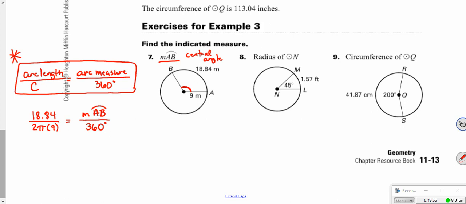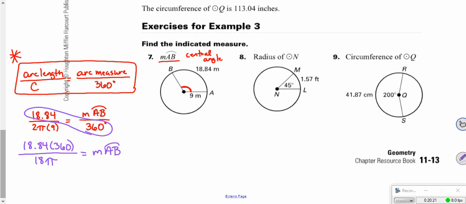Remember, we are going to start by multiplying and then dividing by the rest. So 18.84 times 360 divided by 18 pi is going to equal the measure of arc AB.